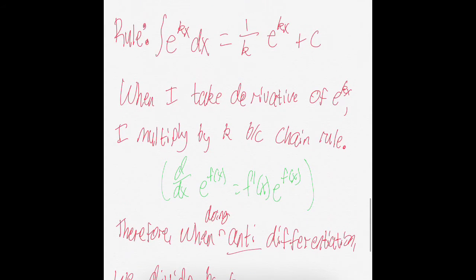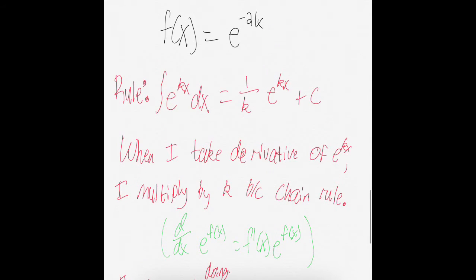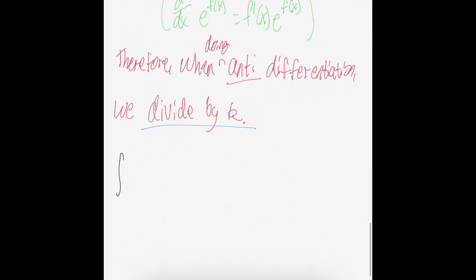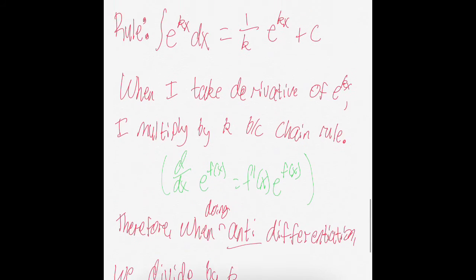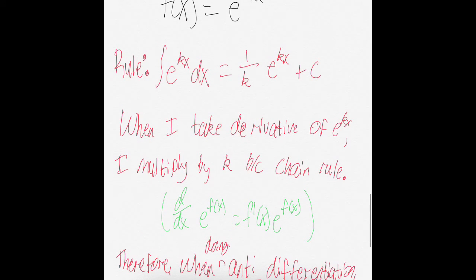When I take the derivative, I multiply by k, so whenever we go backwards and anti-differentiate, we do the opposite, which is dividing by k. Again, that's a very nice general theme in the relationship between integration and differentiation. I'm going to use the words integration and anti-differentiation interchangeably. You should feel free to do so. They are essentially the same thing.